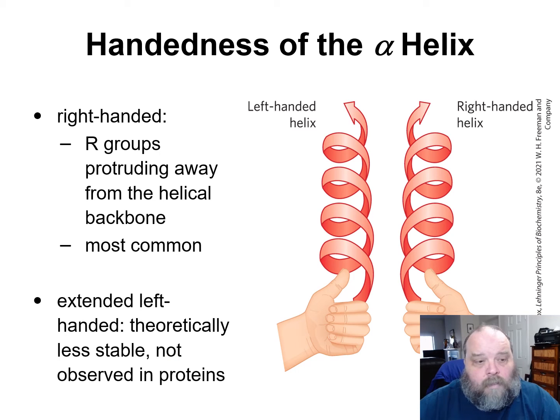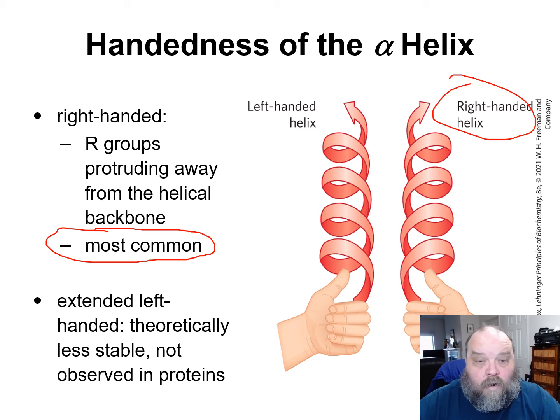Big deal, you think? They're both corkscrewing. Yeah, no, it actually does make a big difference, because biologically, we like the right-handed helix more often than not. Left-handed is a little less stable, and it's only going to show up under certain conditions and certain areas of a protein or polypeptide where it's needed.